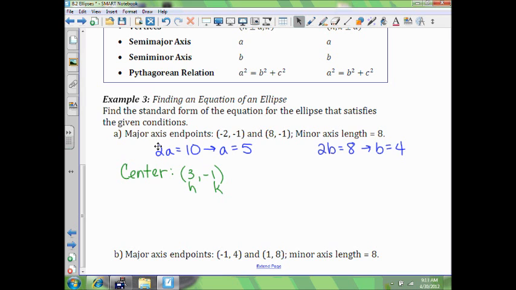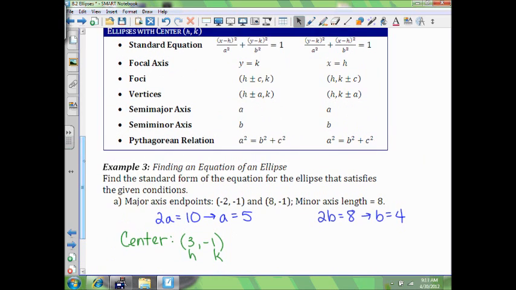Now, because the major axis endpoints, the x-axis moves. So therefore, you're going to end up having the one on the left. Okay? So those are your vertices, h plus or minus a. So we're actually going to use the left-hand column there.